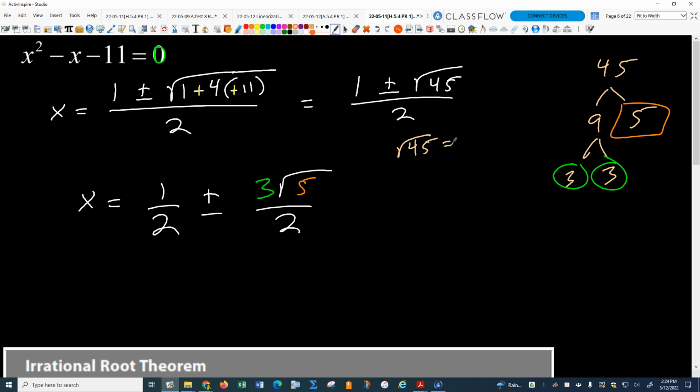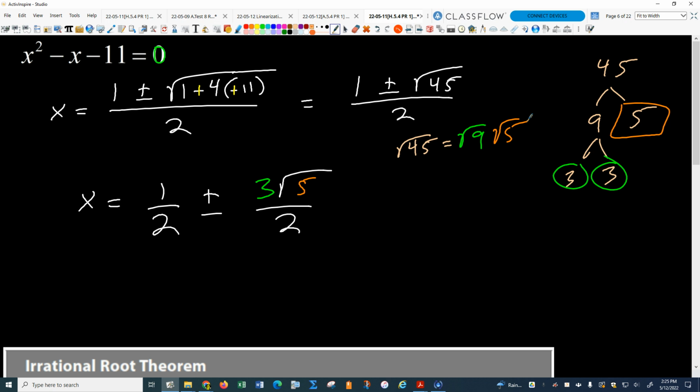We can break it up into the square root of 9, the biggest perfect square factor, times the square root of 5. And so that's giving me my 3 radical 5. Everybody see that? You don't really have to do the couples go out, singles stay in. Just think about breaking up the number into a perfect square and whatever the other factor is.